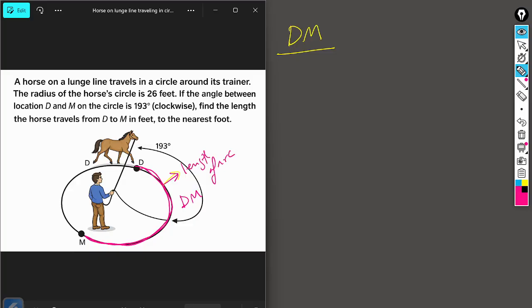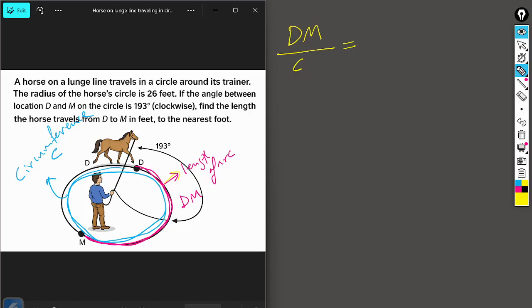But we know that this arc is part of the circle. When we are talking about the length of the circle, we call it the circumference. So we are talking about the length of the circumference. Let's give it a symbol, C. So in this case, we have the symbol C.